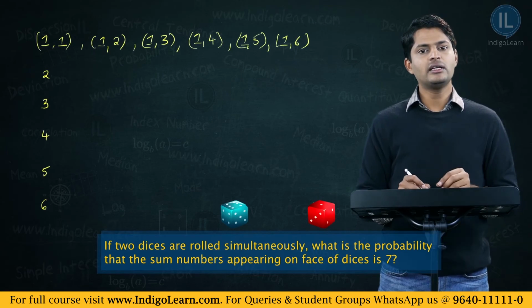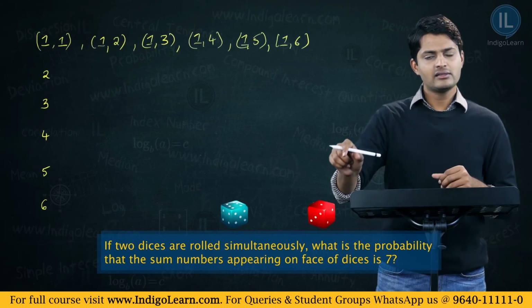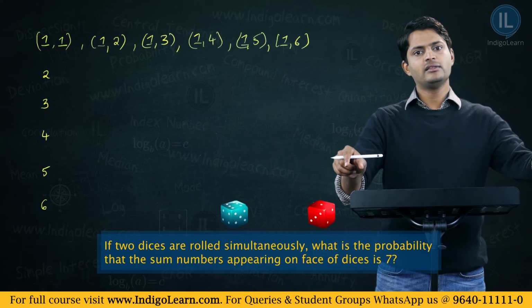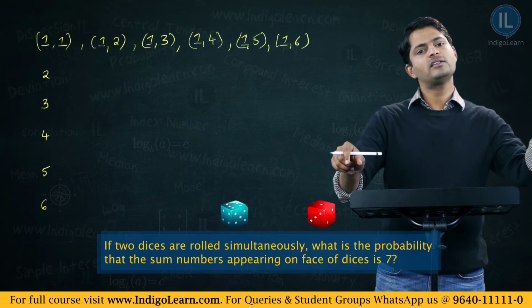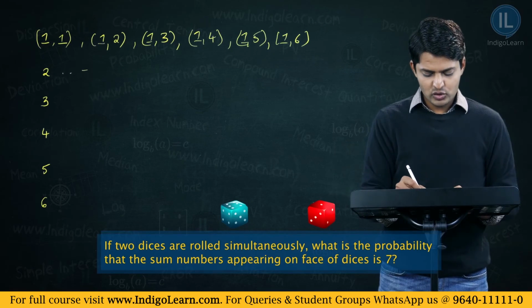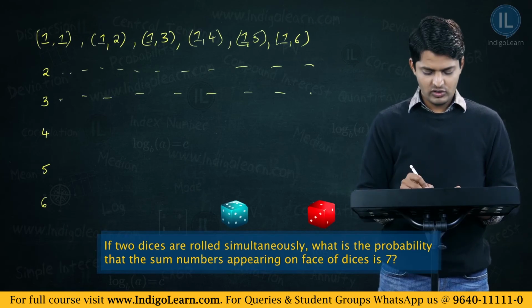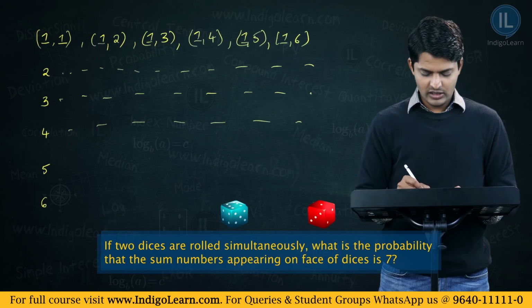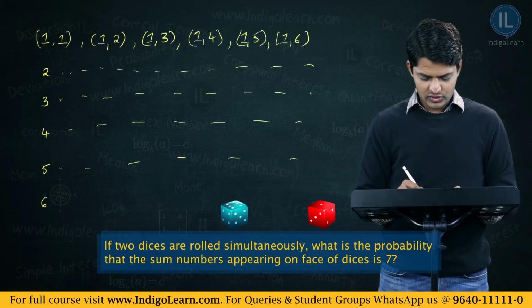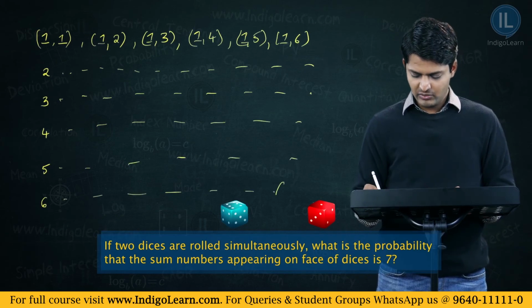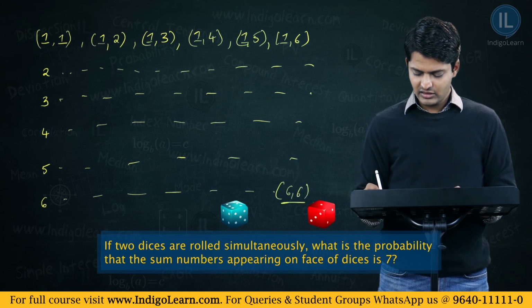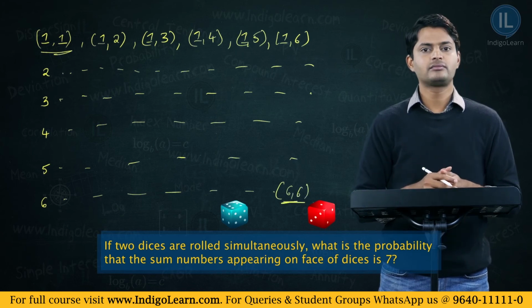So when I put 1 as the outcome on the first die, the second die can have 6 outcomes. Similarly, with 2 also you will have 6 outcomes, with 3 also 6 outcomes, 4 also 6, 5 also 6 and 6 also 6 outcomes, where my last possible answer is 6 comma 6.